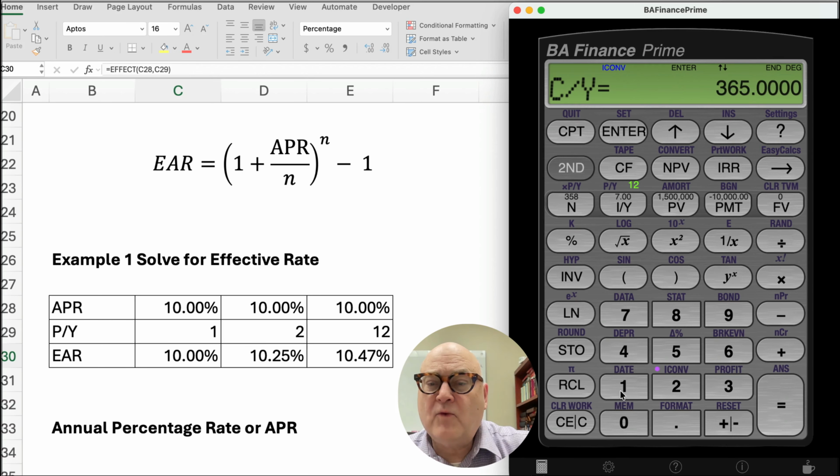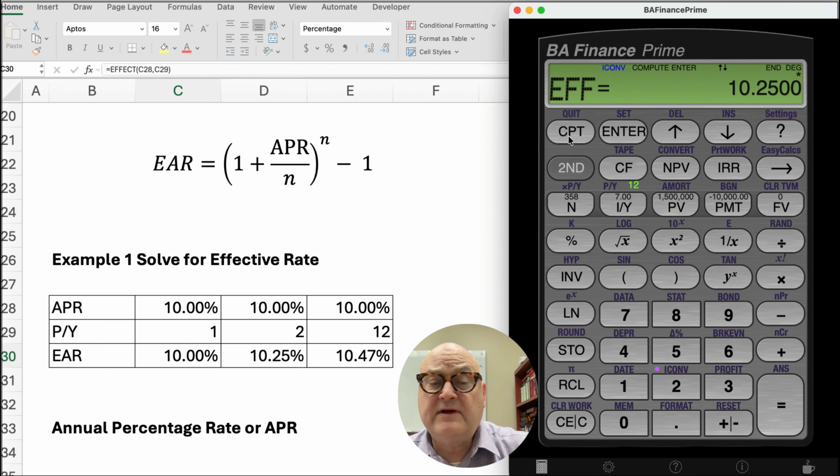So if we do it for 1, enter, and then down arrow, nominal, effective, we can compute, and you see it's going to be 10%. But if we go, the frequency is 2, enter, then the effective will compute, it's 10.25.